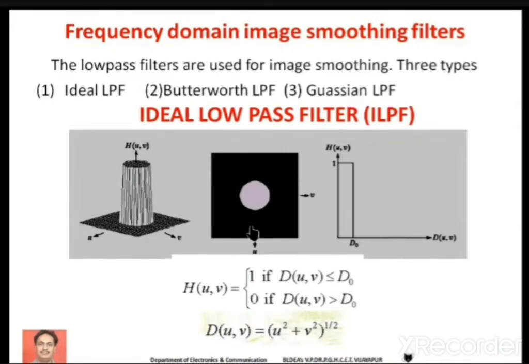But remember, it is very difficult to design ideal low pass filters. And even if we have an ideal low pass filter, we will get a sharp cutoff frequency.